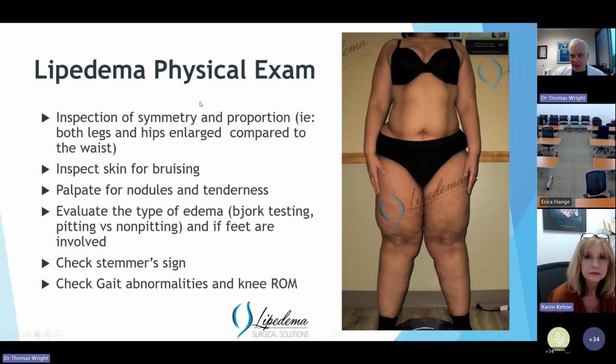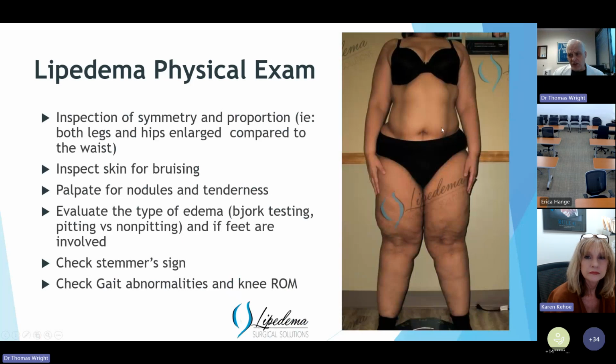So this is a typical lipedema patient here on the right, and in the exam we want to inspect for symmetry and proportion. What I mean by out of proportion is that the legs and arms are larger than the waist.